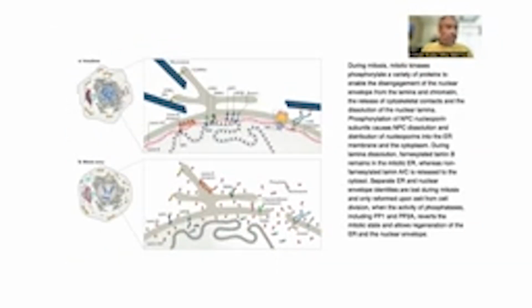A lot of the internal components, during various stages of the cell cycle, have to be broken apart, right? And that includes the nuclear membrane, that includes the endoplasmic reticulum. You remember the nuclear pore complex, which is part of the nuclear membrane, which then connects to the endoplasmic reticulum.